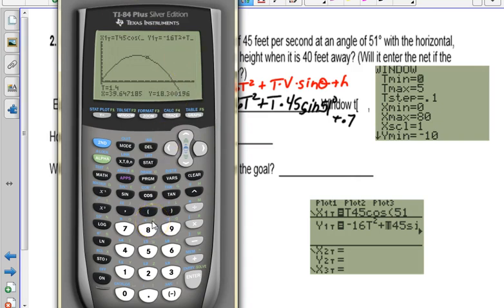Is that not what you're getting? For what? When did you get X to be exactly 40, or what did... What's your T?